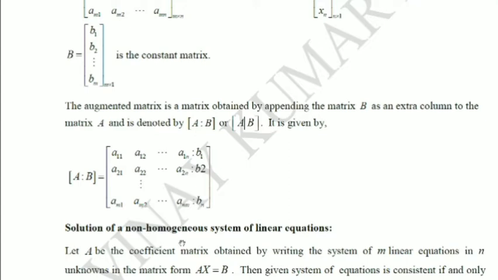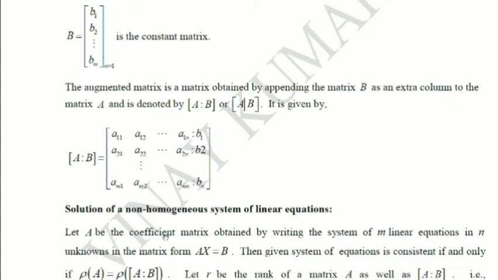Now, how to obtain the solution? It's very simple. You consider the augmented matrix. Find the rank of this augmented matrix and also the rank of matrix A. You don't have to write it another time, because here itself this part is matrix A. So you can identify the rank of matrix A as well as the rank of matrix [A | B] from this itself.